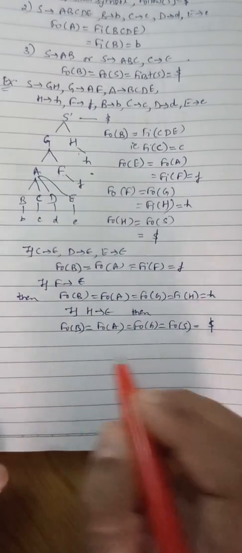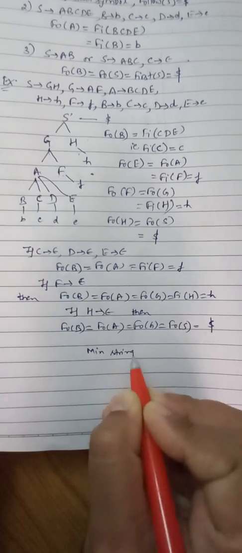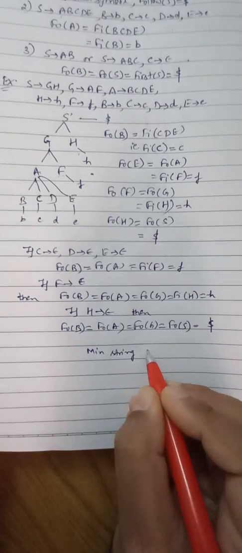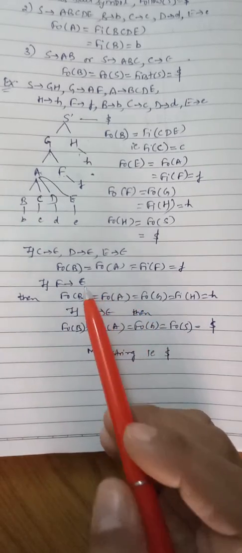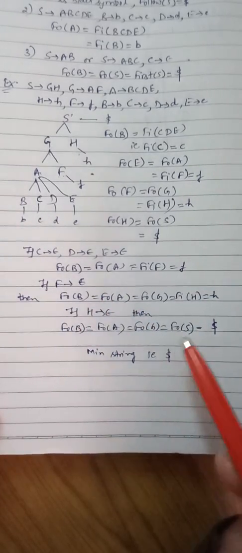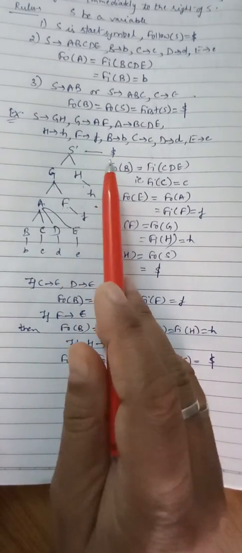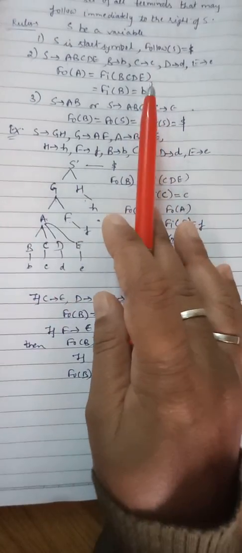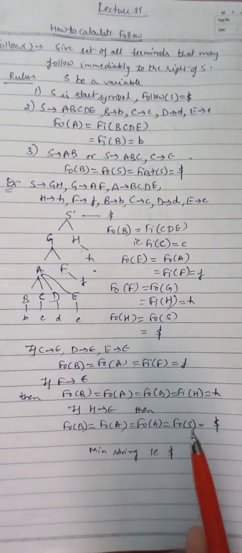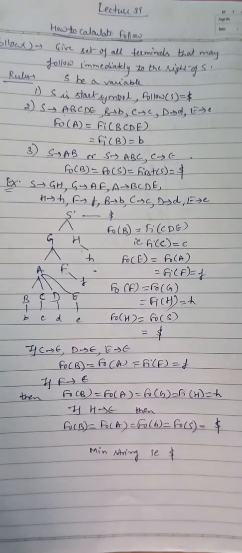So we can simply say the minimum string will always remain, and that is dollar. If we don't have anything while calculating follow, we go further and reach the start symbol, and the start symbol always carries dollar from the rule. So like that we can calculate the follow of any grammar.